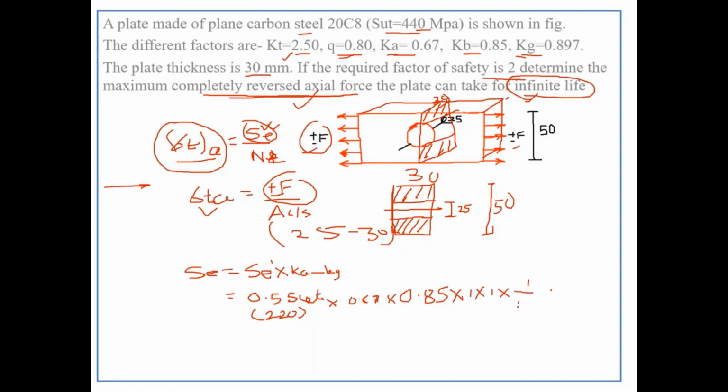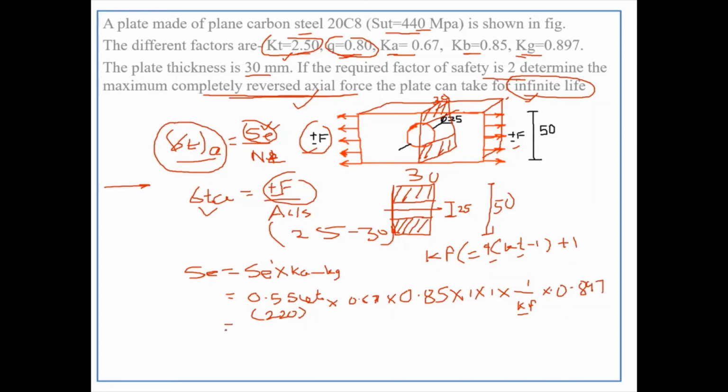Ke is equal to 1 upon Kf. Now why is it written as Kf? Kf is unknown, but in the problem Kt is given and q is given, and Kf is related to Kt and q, hence Kf is equal to q into Kt minus 1, plus 1. So by putting q and Kt, we can find out Kf, and Kg is 0.897, which was given in the problem.